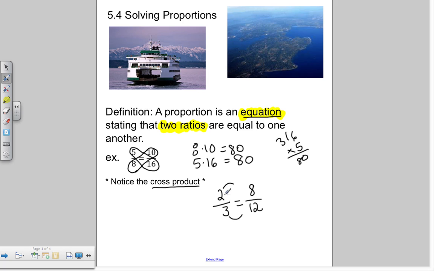So I take my smallest and largest number, which is 2 and 12, which thankfully will always be diagonal from each other, and I take my middle numbers, 3 and 8, and I'm going to multiply them. What's 3 times 8? Oh, 24. What's 2 times 12? Oh, 24. Look at that. The cross product is equal. And you will see that it is always going to be equal, assuming that the two are set equal to each other from the beginning.